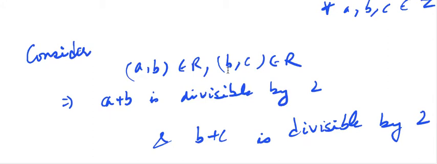And similarly, (b, c) belongs to R implies b plus c is divisible by 2.